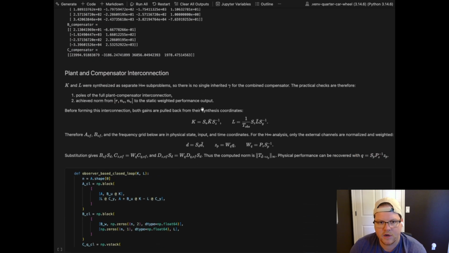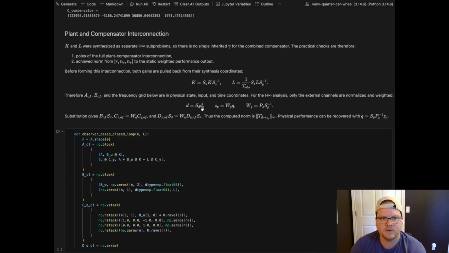So, all right, we did this. Now for the plant compensator interconnection, we have K and L, and those were two separate H infinity subproblems. I am not doing it jointly. Again, like the H2, I don't have that set up in my backend. You could imagine a space where you have concatenated the bilinear problem.